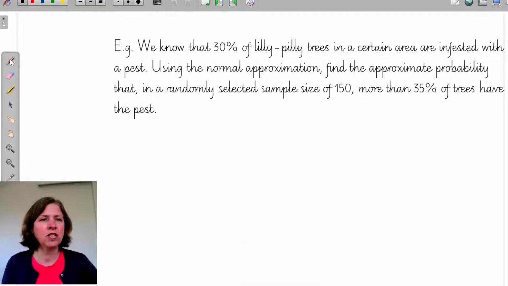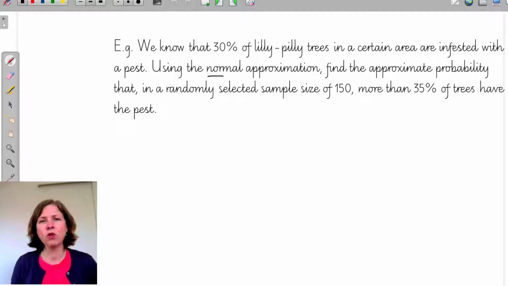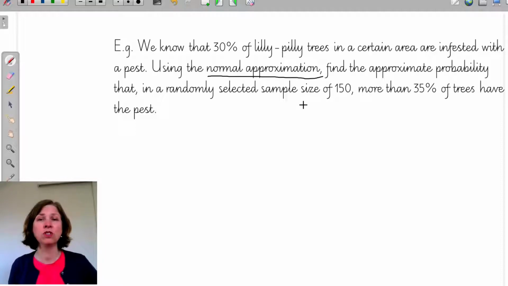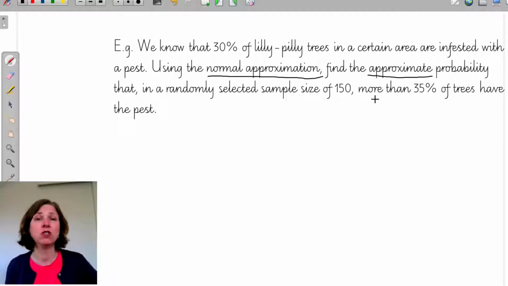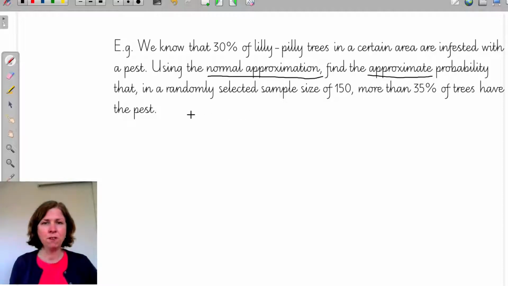So let's have a look at this question. I can see here the words normal approximation. So I have been explicitly asked to use the normal approximation, but it also says find the approximate probability. So again, we're going to use the normal approximation. The information that I have is that I know that p is 30%, 0.3, and I know that my sample size n is 150.